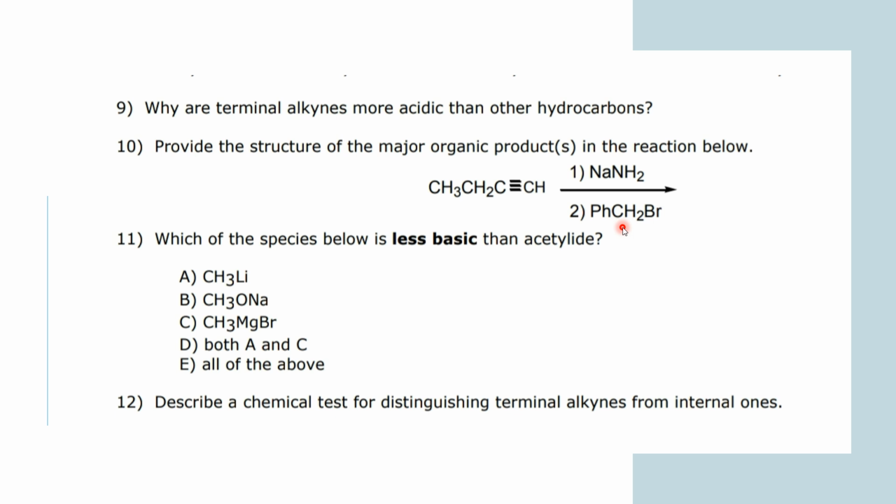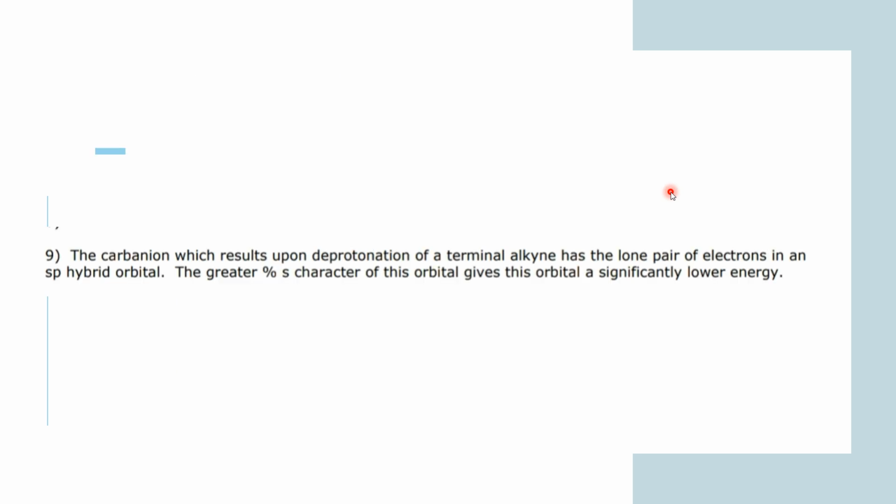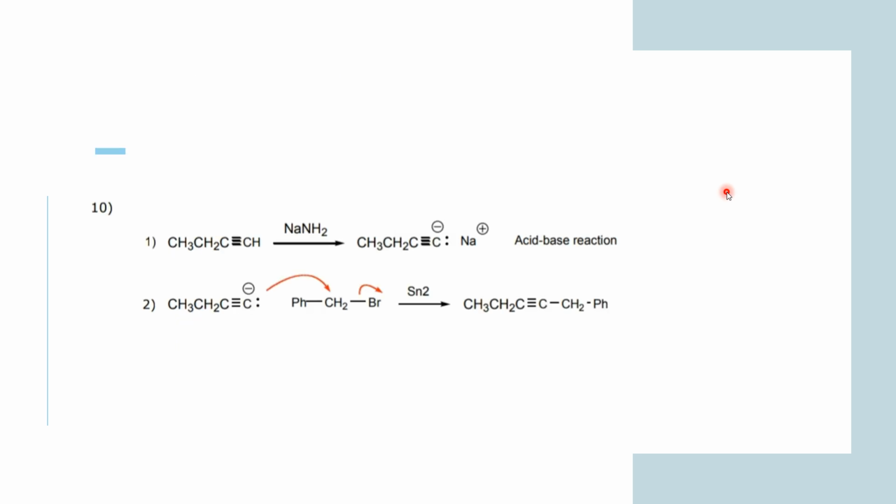So in this reaction, the carbanion generated in the first step will act as the nucleophile, and it will attack this primary carbon center, and then the bromide will leave. It will follow an SN2 mechanism, like this, you can see.